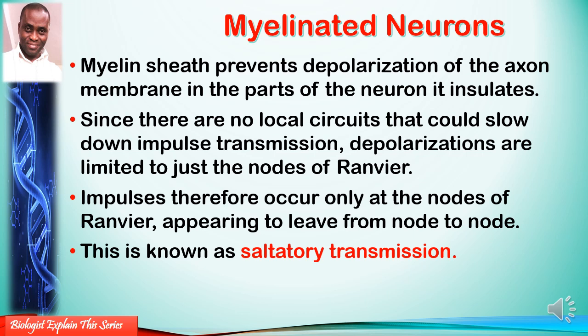Let me put that clearly. What local circuits do: imagine an ion that is positively charged and says, I've got to help you become positively charged like me. So a depolarized region helps its neighboring polarized region, which is presently negative, to become positive like it. Then when that becomes positively charged, depolarized now, it has to help the next one.